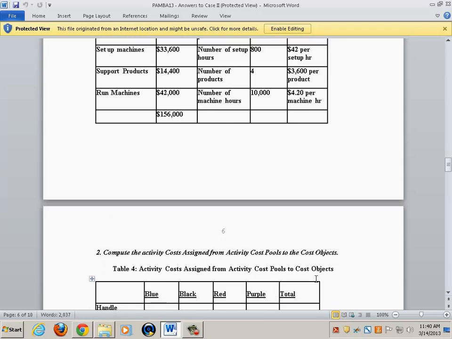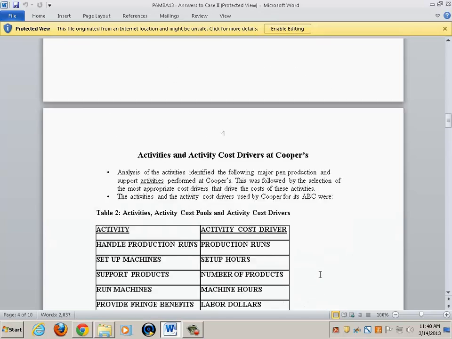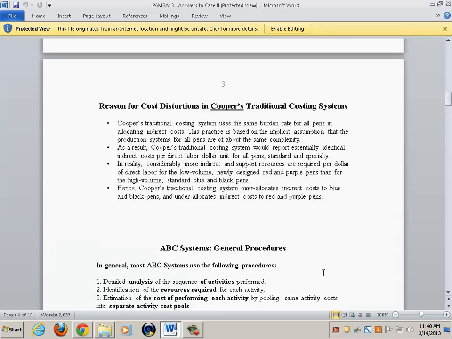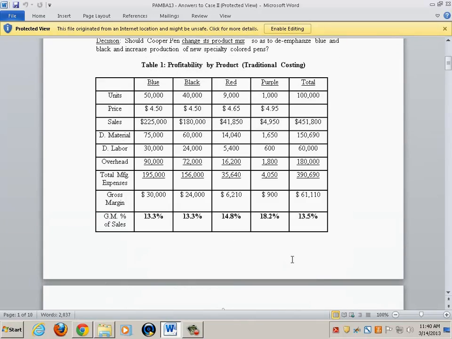Use price first. If you go to table one, the prices, what we see is that purple is priced only slightly higher than, relative to the cost.